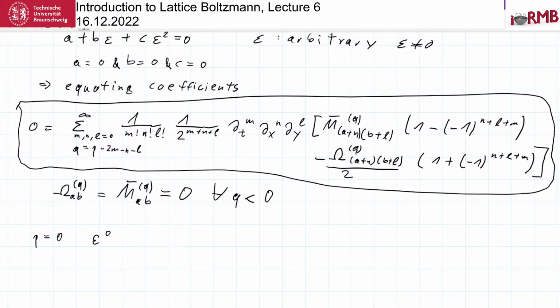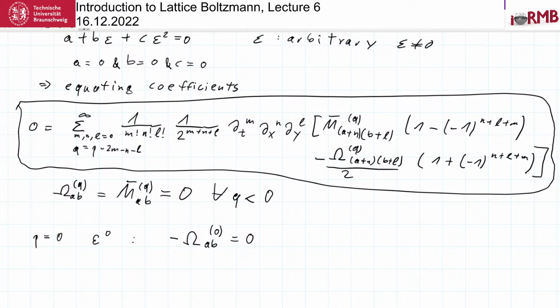The only thing that is left, for Q being P minus 2M minus N and L, because we start from such a low order, the only thing that will not disappear immediately is minus omega AB to the 0 order, and this is equal to 0 because the entire equation is equal to 0.